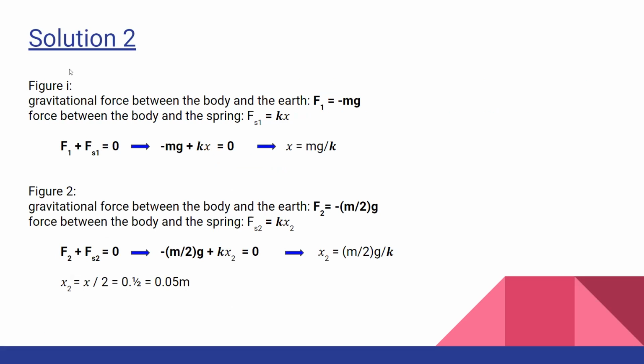You can substitute this into the formula F1 plus Fs1 is equal to 0 because everything is in static equilibrium for both parts. So we get negative mg plus kx is equal to 0. Solving for x in this equation yields that x is equal to mg over k.